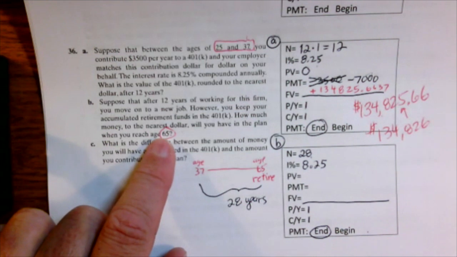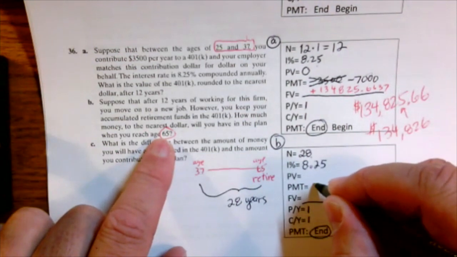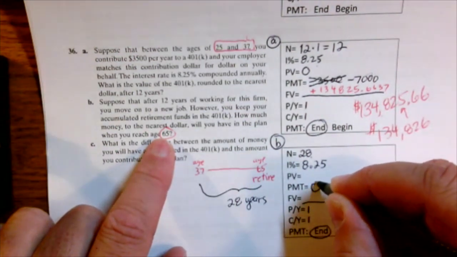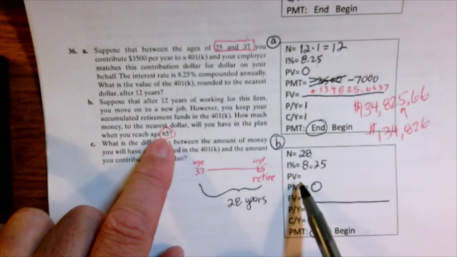But what's different in those last 28 years is that you no longer work for that company, so you're not making any more contributions to your 401k of that company. Hopefully, when you move to the new company, you start up a new 401k and start contributing to that one as well. Well, what do you suppose we're going to put for the present value? Tasha, I missed that.